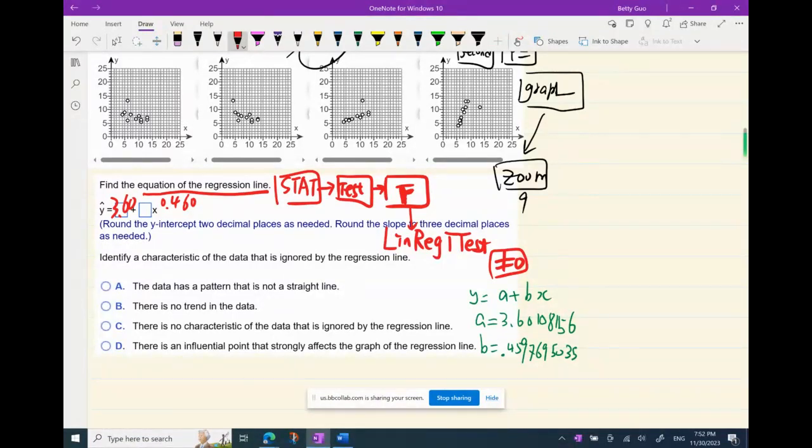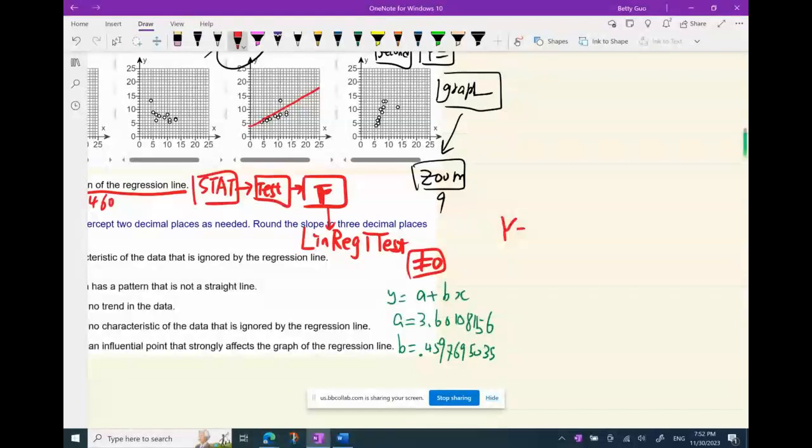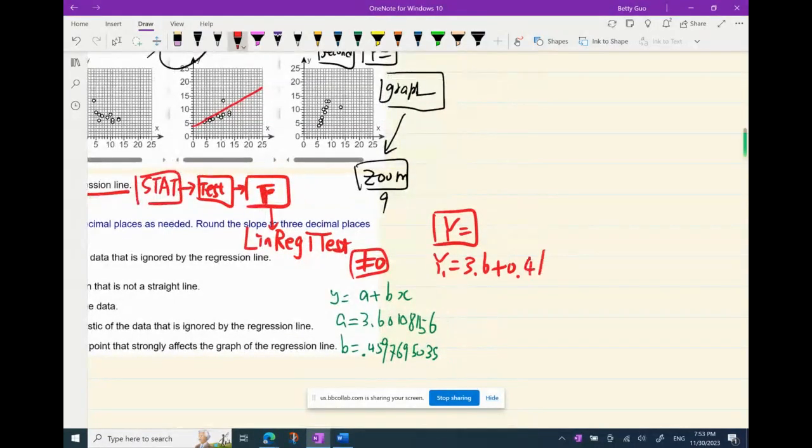Guys, if you want to see the regression line that best fits this pattern on your calculator, this is what you do. You go to y equals. You go to this key. You will see y1 equals, y2 equals, and so on, right? I use y sub 1. Y sub 1 equals, you enter 3.6 plus 0.46x. How do you find the x?